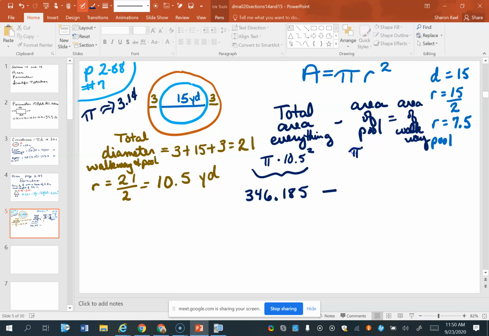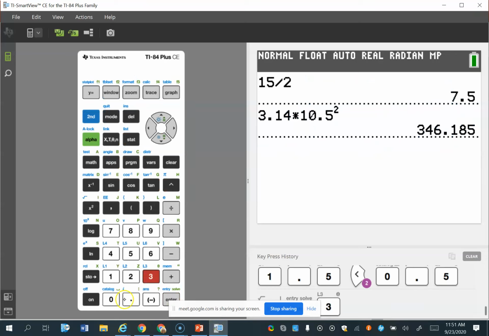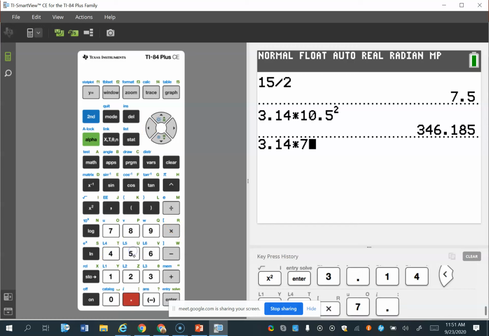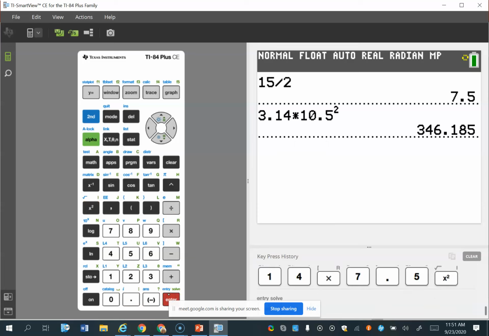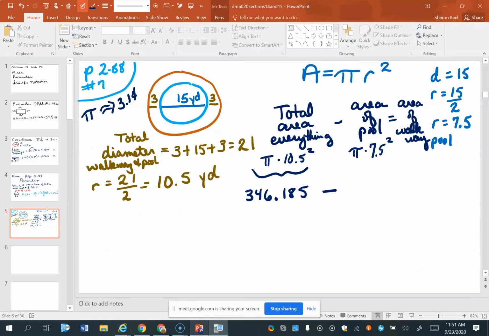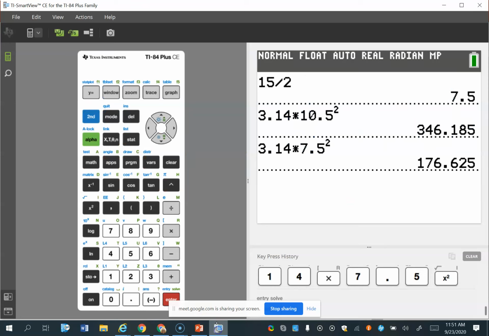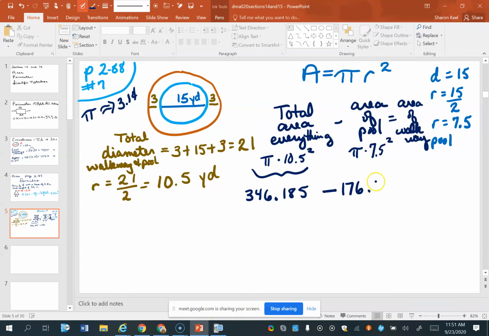This area is going to be pi times 7.5 squared. So pi times 7.5 squared. The pool is 176 and 625 thousandths.